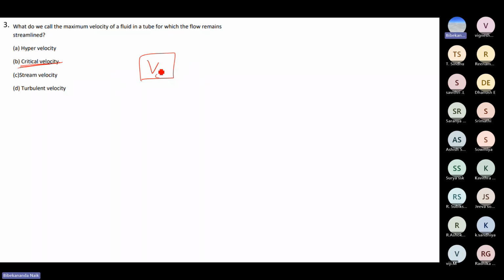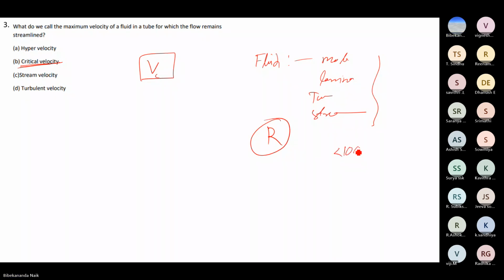Also, for a particular fluid, there are different types of flows, like molecular flow, laminar flow, turbulent flow, streamlined flow. All these flows are determined in terms of a number called the Reynolds number R. If the Reynolds number is less than 1000, the flow is streamlined.